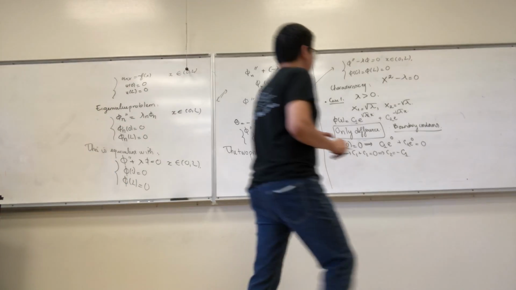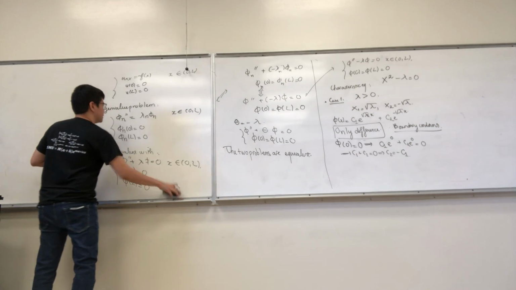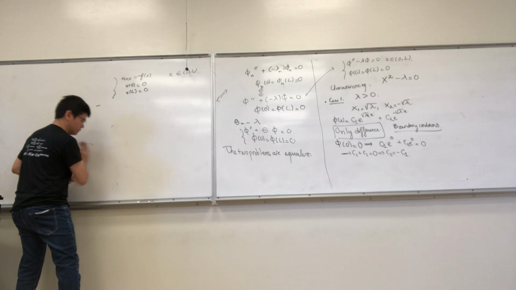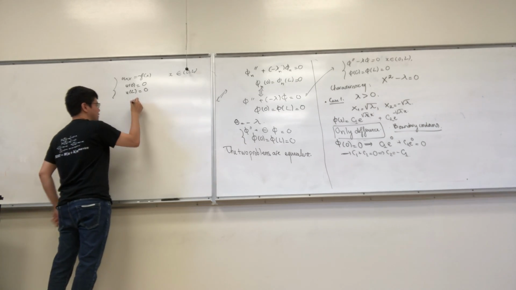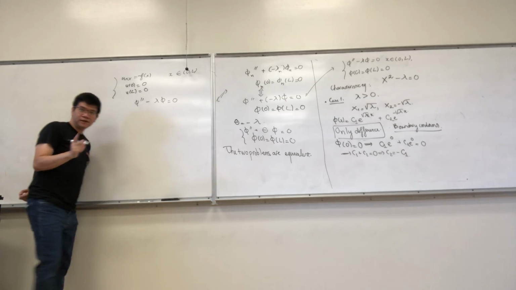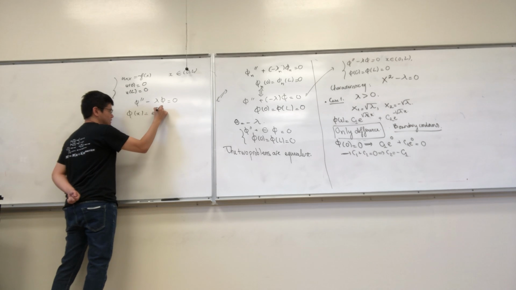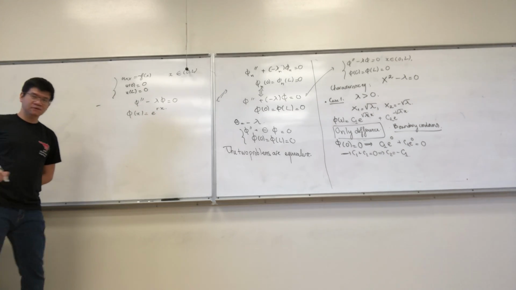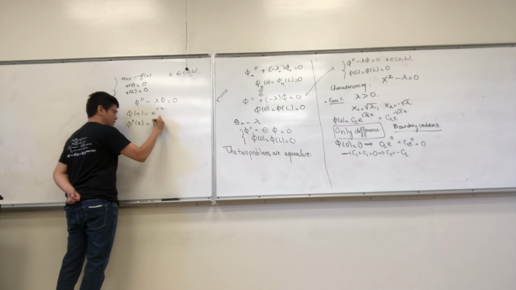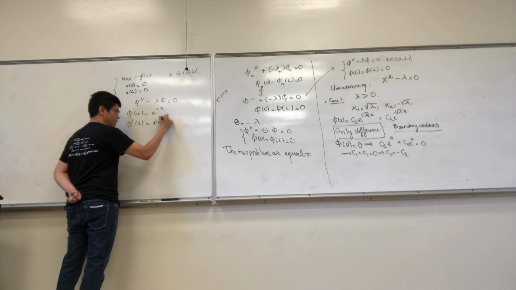So in the ODE class, this is what you do. You have phi second minus lambda phi is 0. You suppose that phi of x is e to the rx, right? You take the derivative. The first derivative will be r times e to the rx.